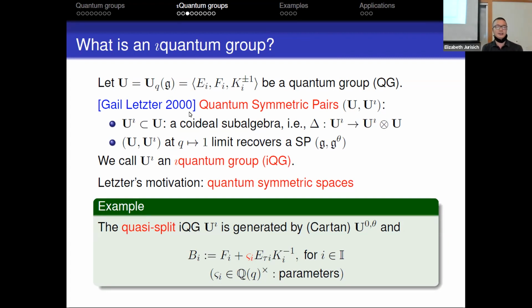A quick example, the only honest example I will write down, is a quasi-split iQuantum group. In this case, forget about the Cartan part. The new generator needs to mix F and E. Even if you take tau to be the identity, you need to add F_i to E_i. That's a typical thing we saw, or minus E_i, but we allow a little variable there, since the plus-minus sign is not important. As algebras, they turn out to be all isomorphic.